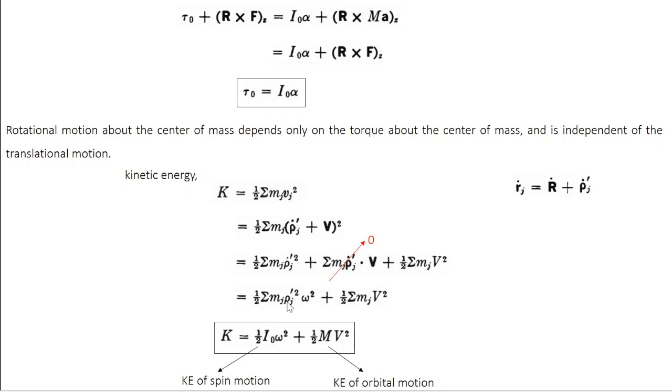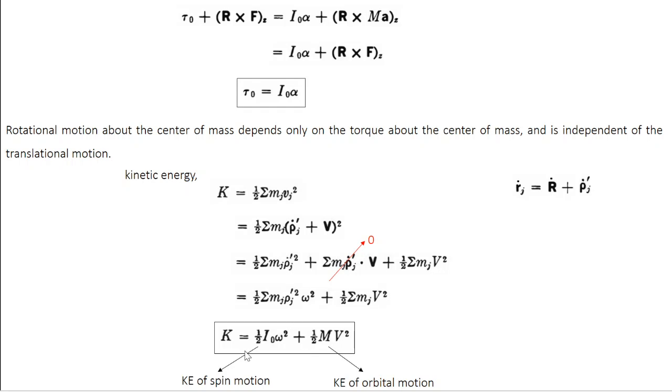Summation over j of m_j rho_j prime square, in the case of pure rotation, is nothing but the moment of inertia about the center of mass, I naught. So the first term is half I naught omega square. Summation over j of m_j is the total mass capital M, so the second term is half M V square.